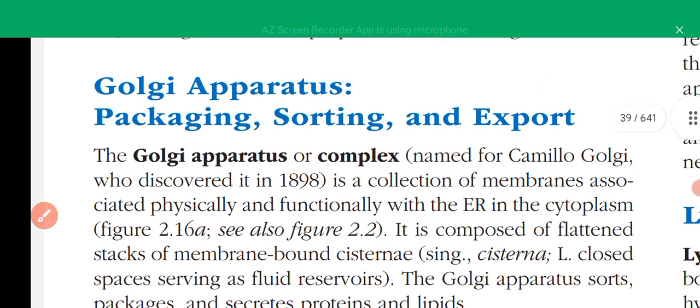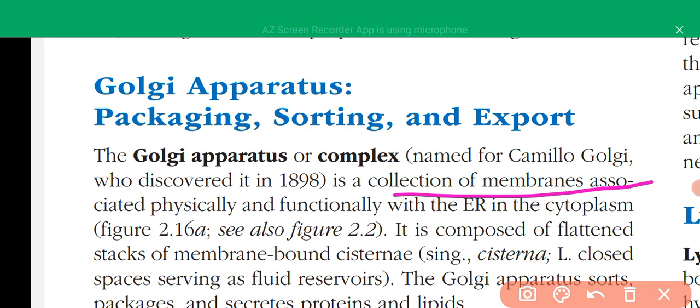What is the Golgi apparatus? The Golgi apparatus, or Golgi complex, is an organelle discovered by Camillo Golgi in 1898. It is a collection of membranes associated physically and functionally with the endoplasmic reticulum.